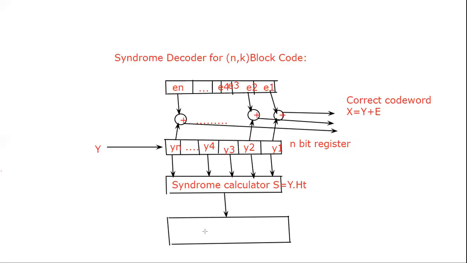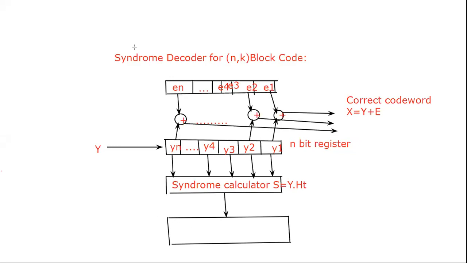Yes. After getting the syndrome, you have to look at the H transpose to get the error code vector. Is it true or not? With the help of the syndrome only, you will get the error pattern. So after getting the syndrome, you have to look at the H transpose matrix for the error pattern.